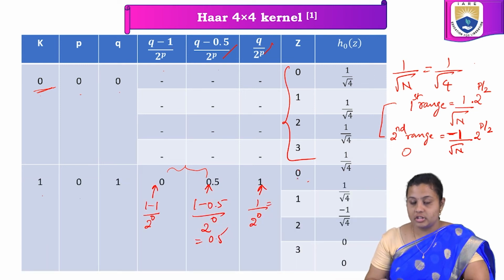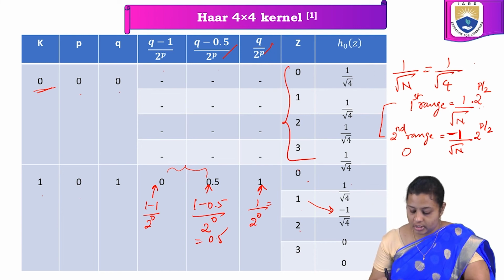So now when Z equal to 0, it is falling in my first range, so the coefficient value is given by 1 by square root of n into 2^(P/2), which is 1 by square root of 4. Now when Z equal to 1, it is falling in my second range, so I can write it in the form of minus 1 by square root of 4 into 2^(P/2), which is equal to 1.